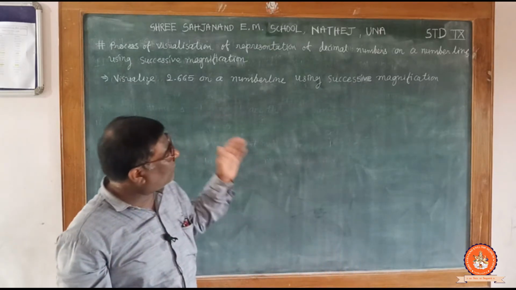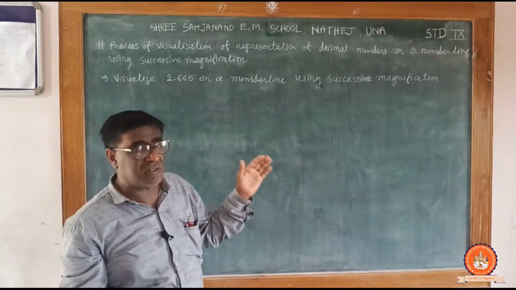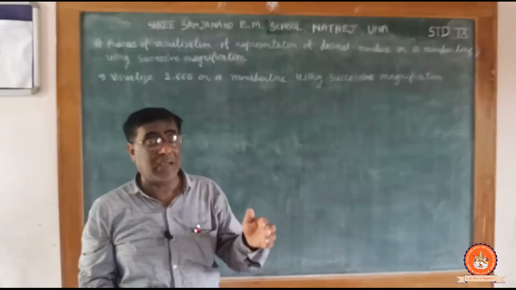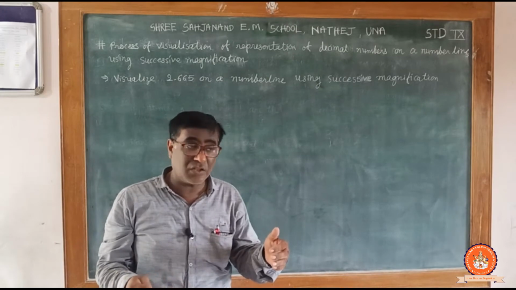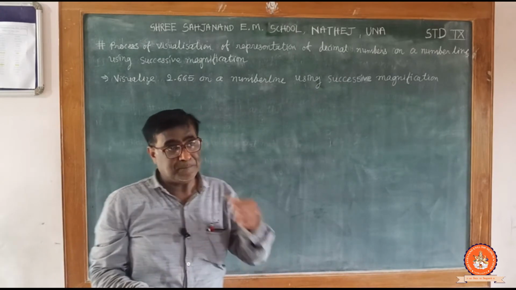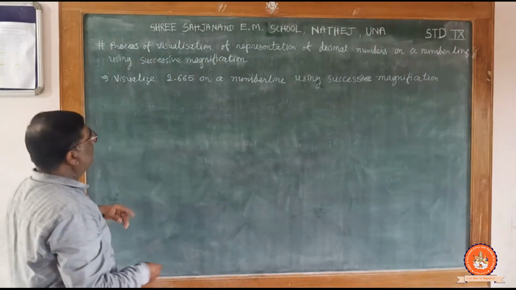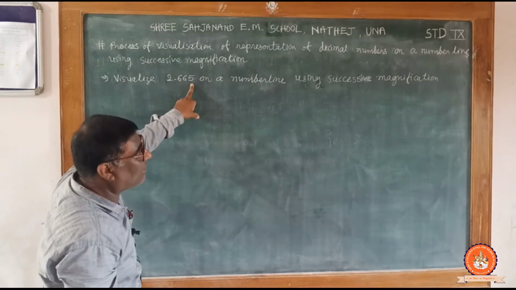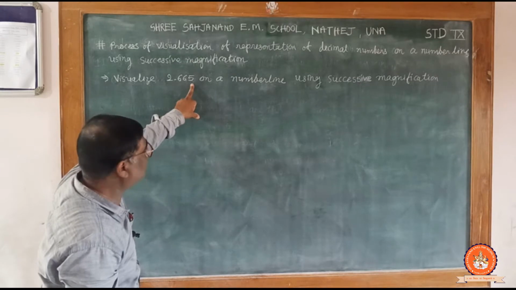Here we will learn the representation of decimal numbers on a number line using successive magnification. Now we have to visualize 2.665 on a number line using successive magnification.